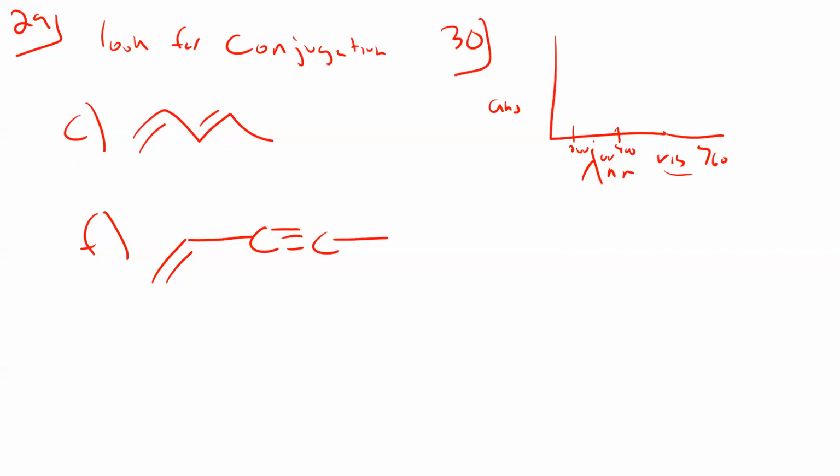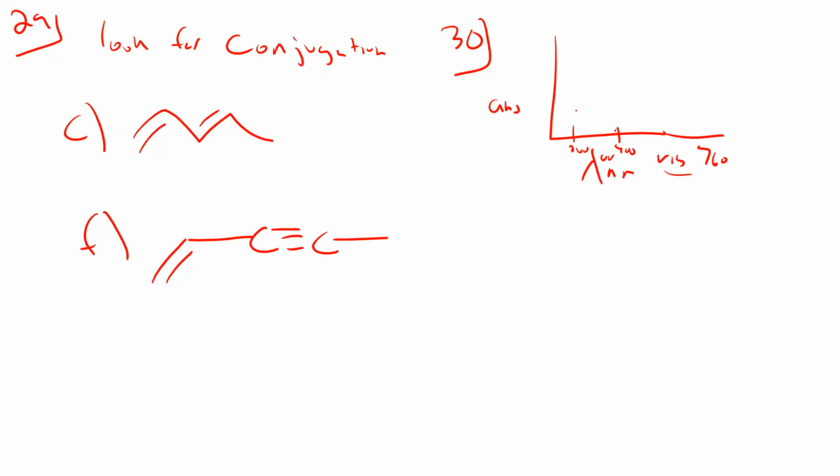So as lambda max increases, the number of conjugated bonds in a molecule increases. So that means we're moving into the visible region. Here might be just 1, and here might be 10 over here.